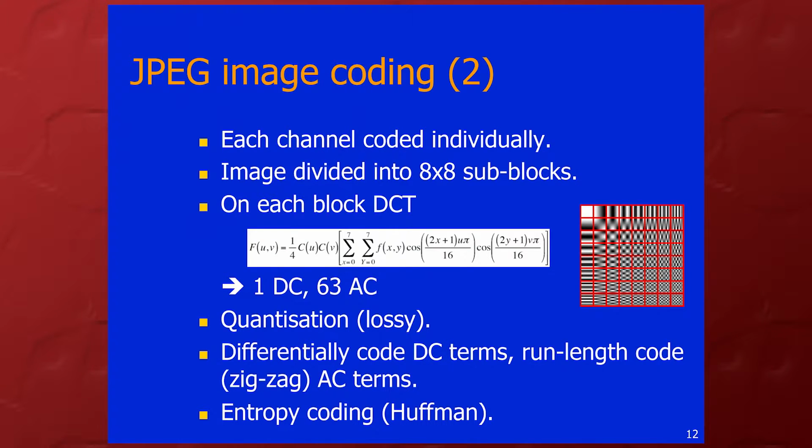Afterwards, that quantized data is then entropy coded, and we distinguish the DC term, the very top here, which captures the average of each 8x8 block, that is differentially coded, so the difference from one block to the previous one rather, and the other, the AC coefficients, the remaining ones, are run length coded, because there are lots of zeros, after having gone through a zigzag transformation, and at the end everything is Huffman coded, using Huffman tables.